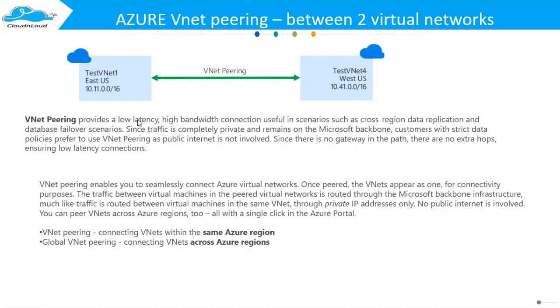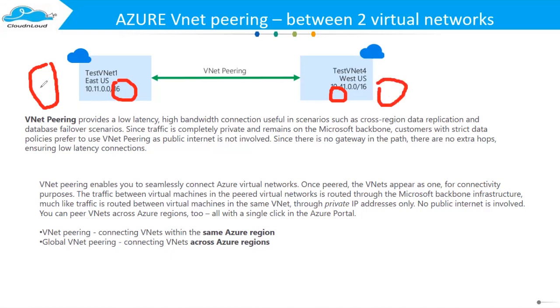So in VNet pairing, assume you have two branches, one in East US and another in West US. In East US, you have many infrastructure resources like servers and other applications. And here also there are a couple of servers.